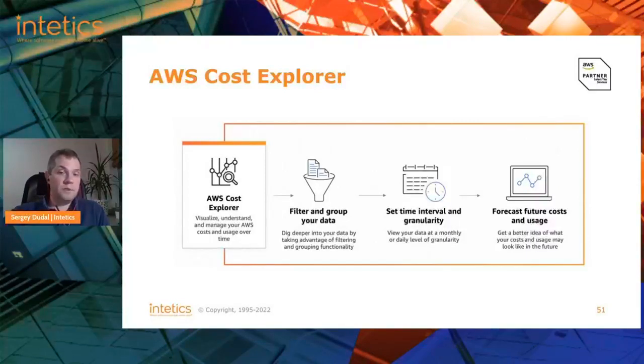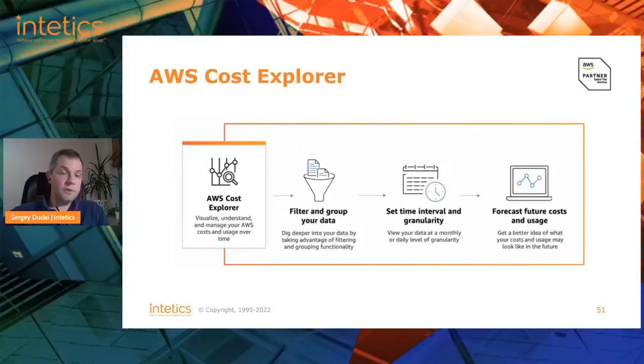So, for example, we can check costs for particular AWS services that are used by a particular application during last month, let's say. And of course, Cost Explorer can do forecasting for us. So it can show us, for example, how the cost for our AWS resources will look at the end of this month.